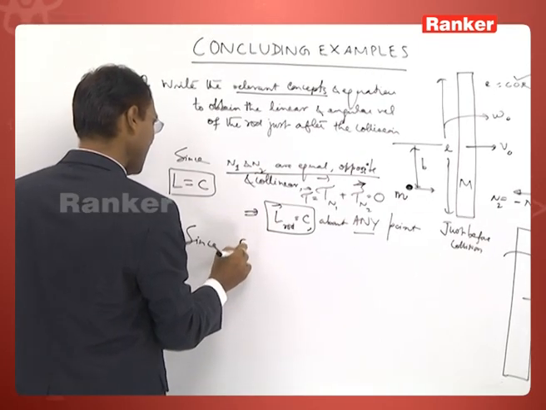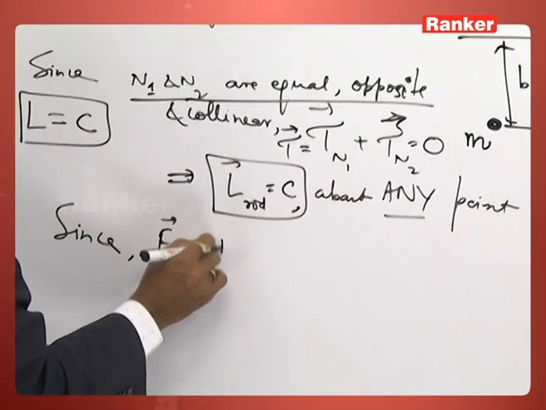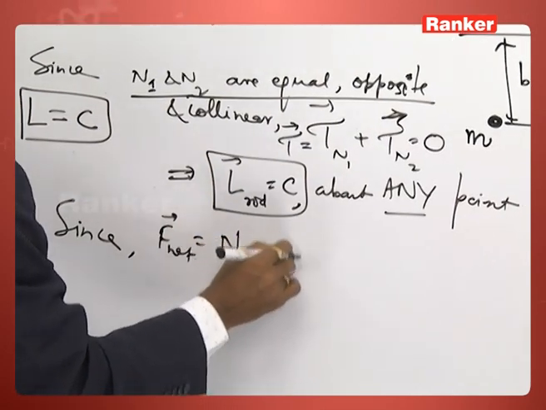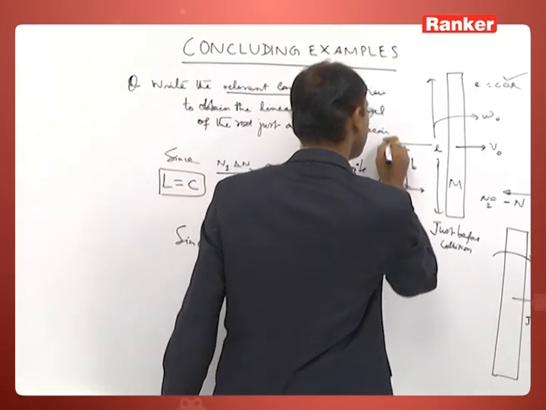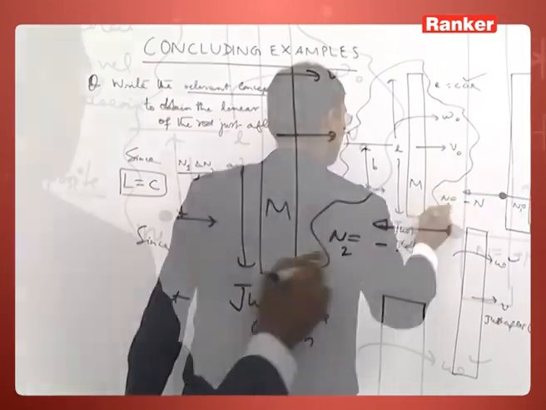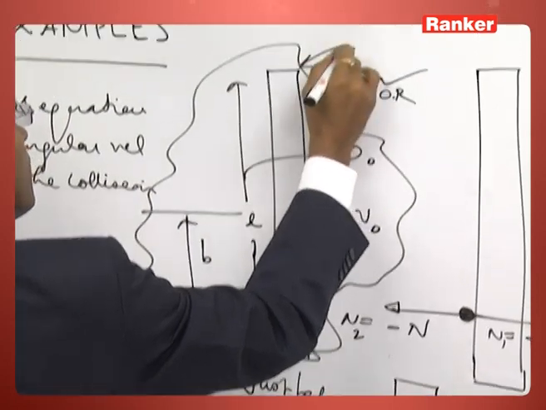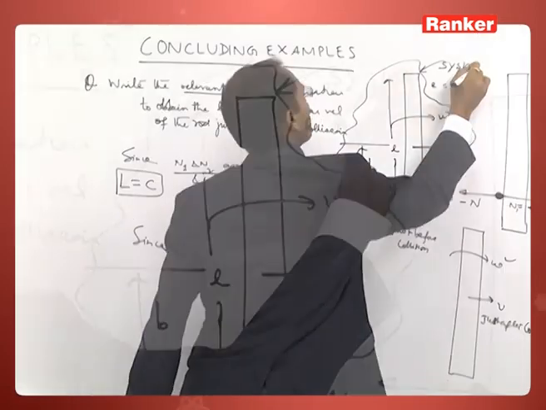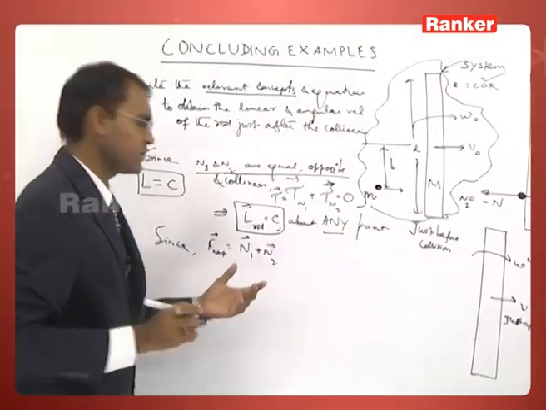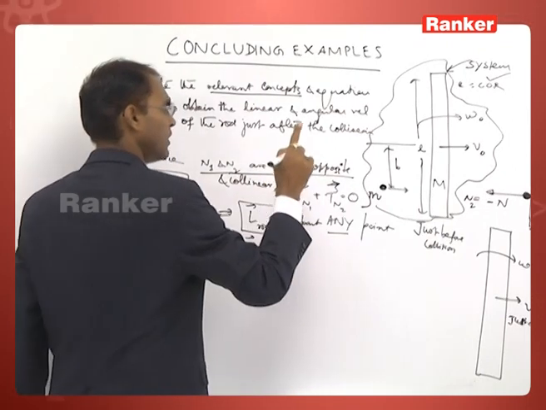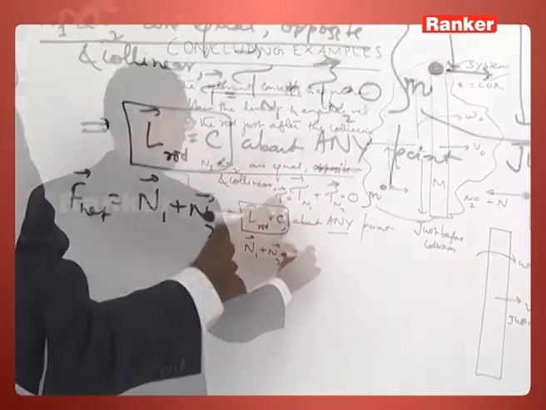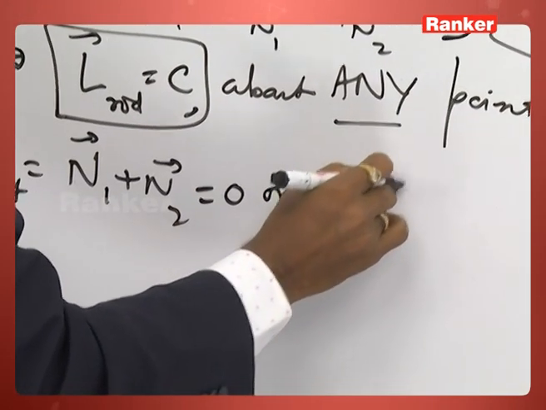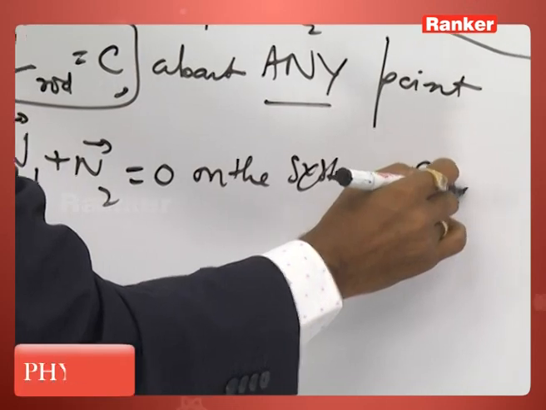Therefore, the net force acting on the rod will be equal to N1 plus... not the rod, net force acting on the system. We have to choose the system. This is the system. Net force acting on the system, that is rod plus particle. What is the system?